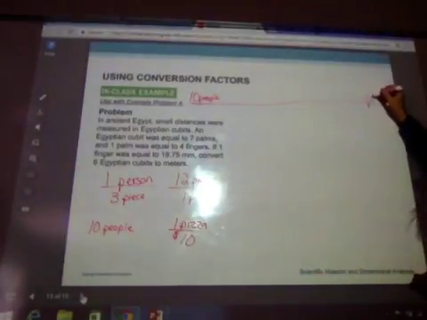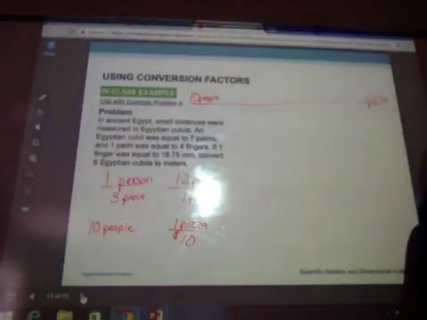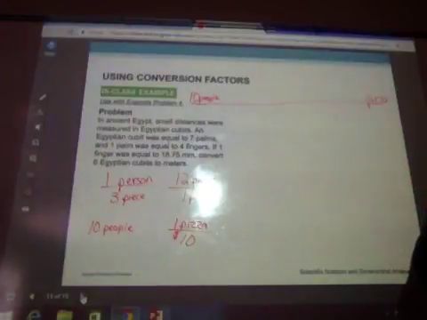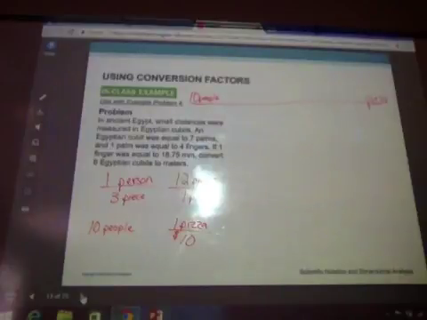Let's just find pizzas. Okay, so dimensional analysis, what goes on the bottom, Austin? What do I have? What am I starting with? You're one person, 2 pieces. Nope, what am I starting with? Oh, 10 people.